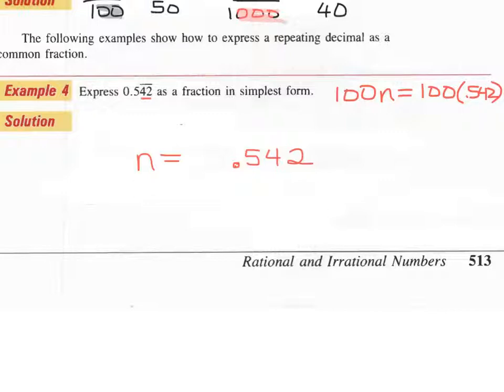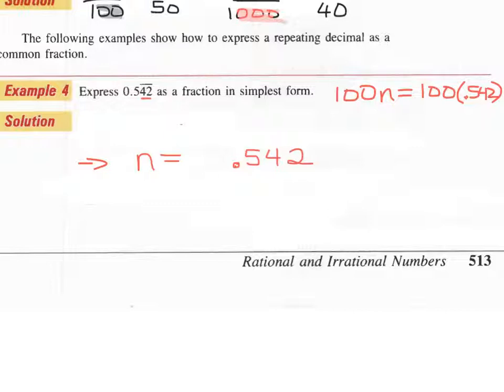So I'm taking my original equation and multiplying both sides of it by a power of 10 based on the number of repeating decimals. There are 2 repeating decimals, so 2 numbers repeat, and that's why it's 10 to the 2nd power, which is 100. I multiply both sides by 100.